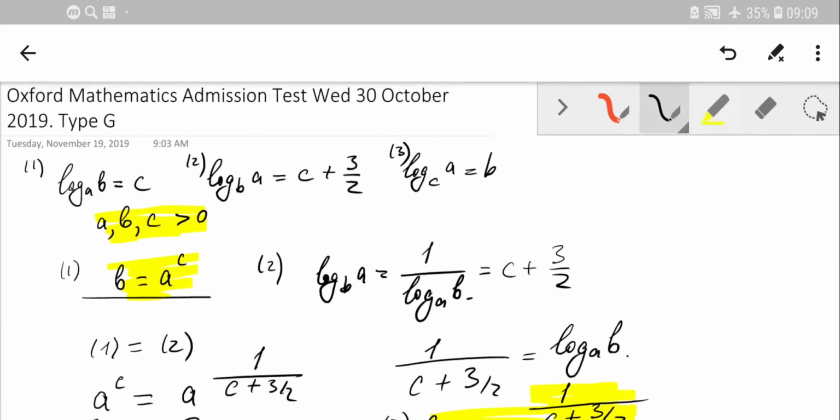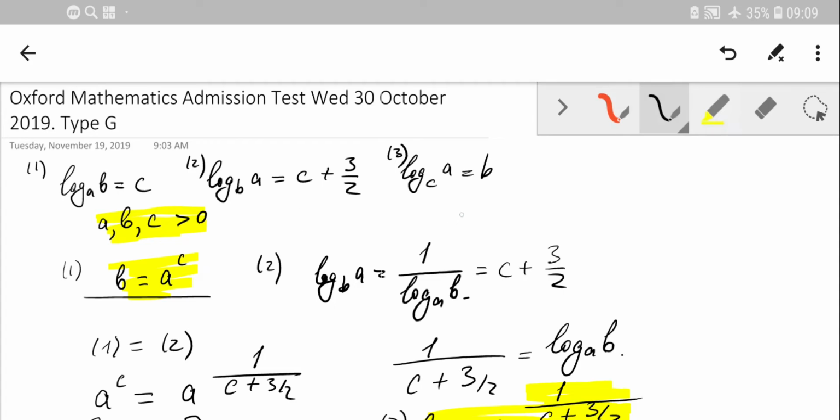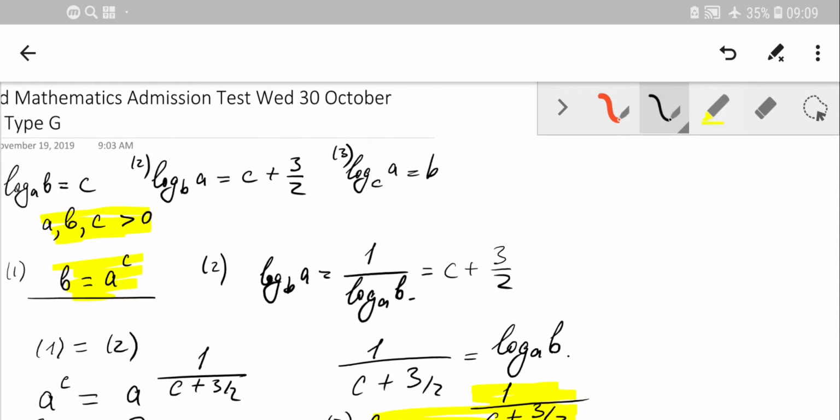Let's go back and see how to figure out A and B from there.